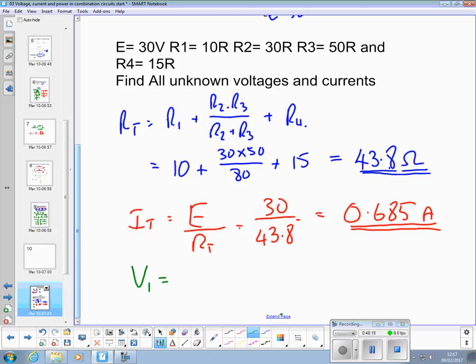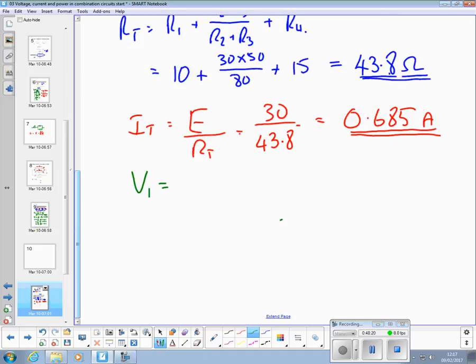That is I R1. 0.685 times R1, which is 10 ohms, equals 6.85 volts. Agreed?